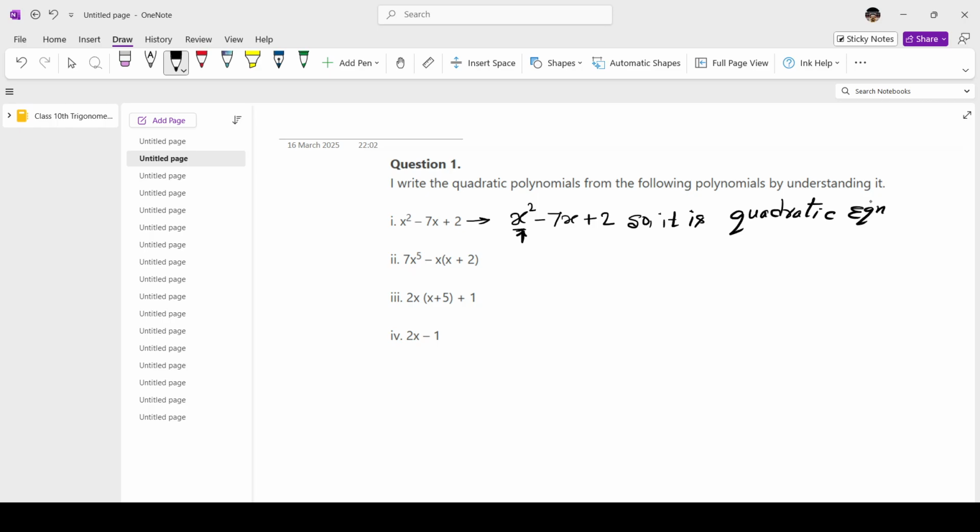Okay. Now, if we see the next question, if you solve this part, this will come as 5 minus x square minus 2x. So here the highest degree is what? 5. So it is not a quadratic equation.